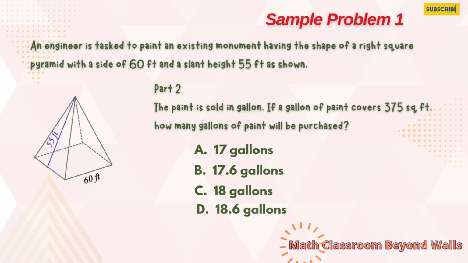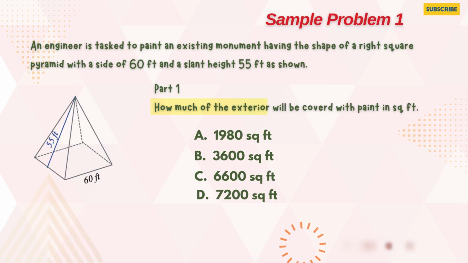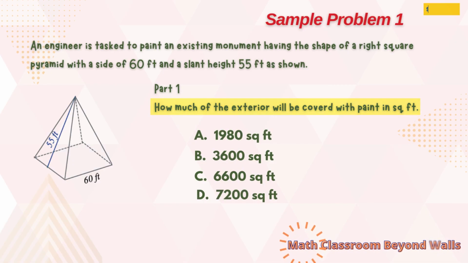Okay, since there are two questions here, we will start with the first question first. Now, the question on how much of the exterior will be covered with paint is tantamount to finding the surface area of the square pyramid to be painted. Do you agree, learners? So, let us start with the formula for the total surface area of the pyramid.